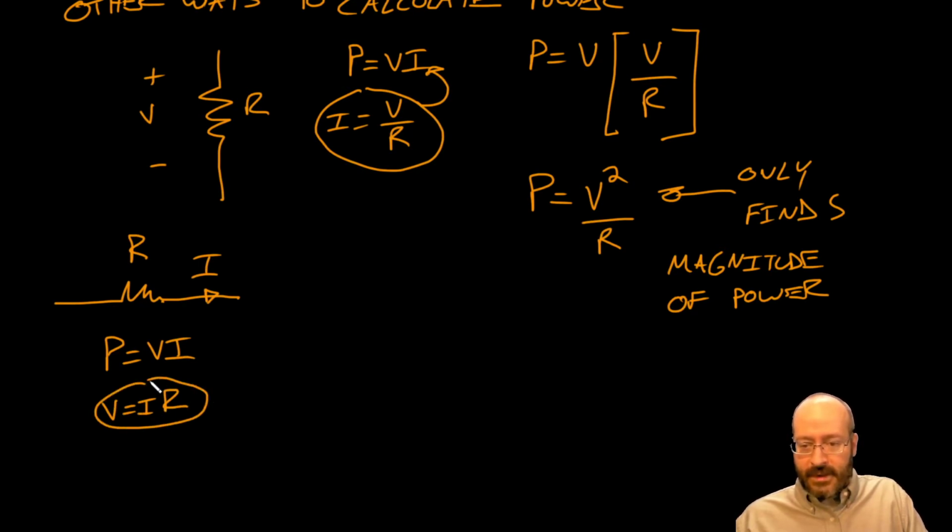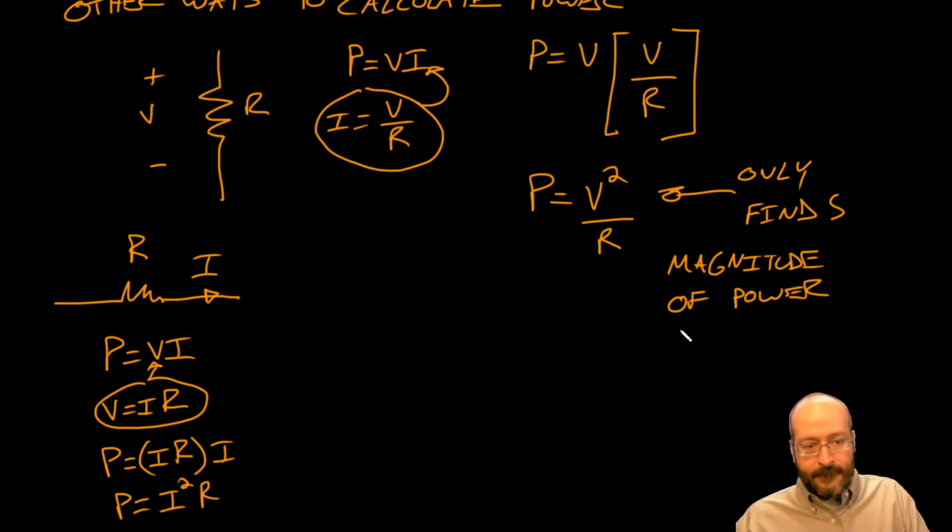Okay, take all of that and plug it in there, and we run into the same problem, but you are going to see this form of power calculation. P equals IR times I, or more commonly written as P equals I squared times R. Okay, only finds the magnitude of power.